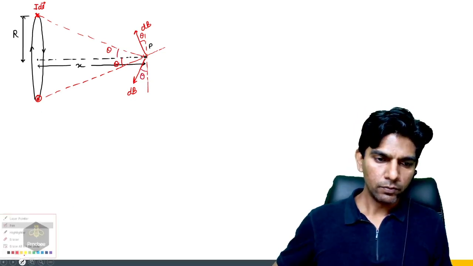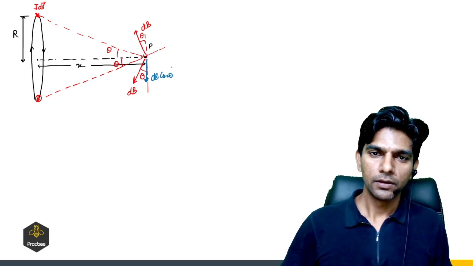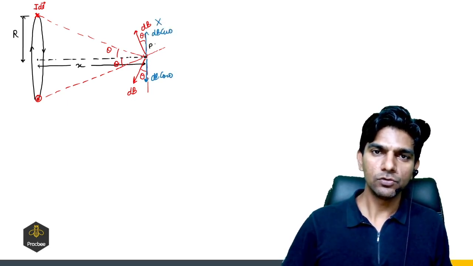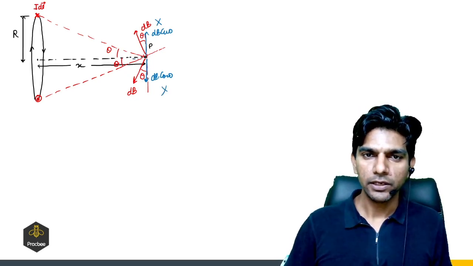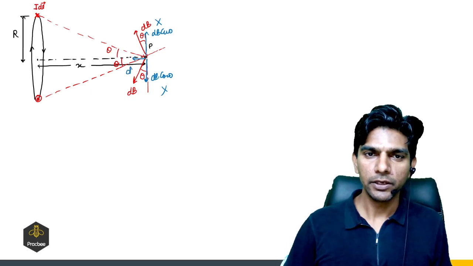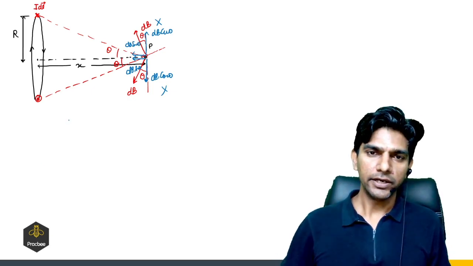Now we can take the component of dB. So there are two components. One will be in the vertically downward direction, so dB cos theta, and the other component dB cos theta in the upward direction. And these two components will get cancelled out because of symmetry, and we are left with only the horizontal component. So this will be dB sin theta and dB sin theta, right?